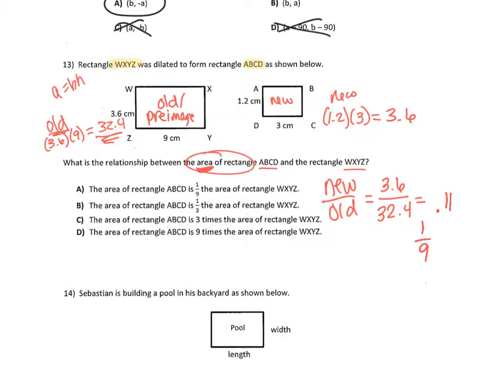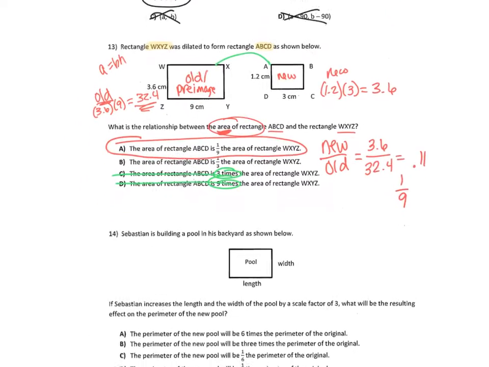It should pop up to be 1/9. So A would be our answer. And on this one, since it got smaller, you could have already gotten rid of C and D, since they're basically saying that it got bigger.